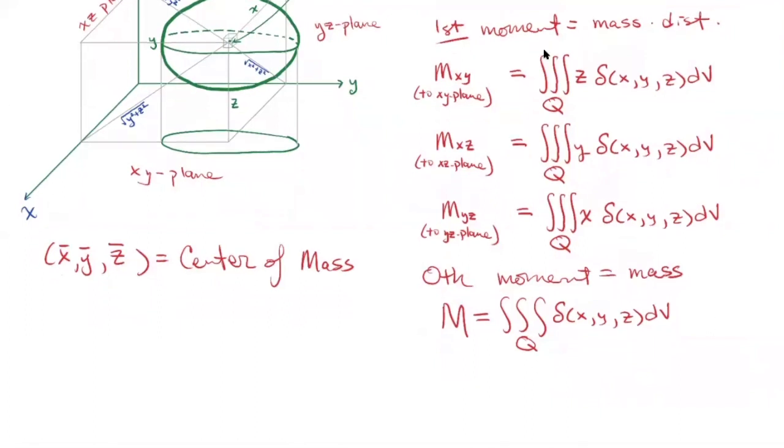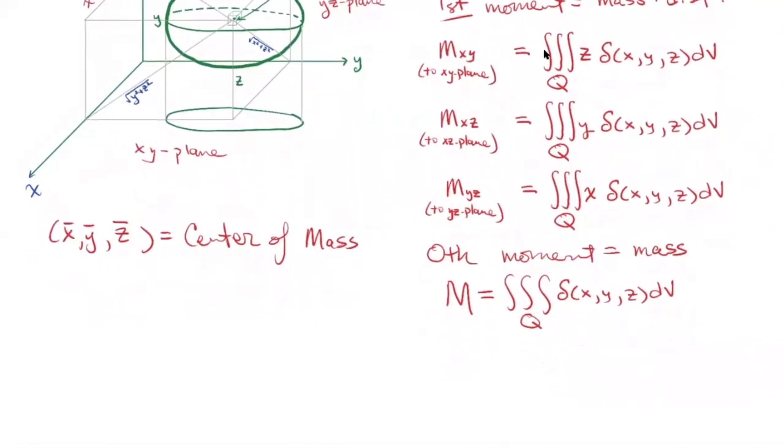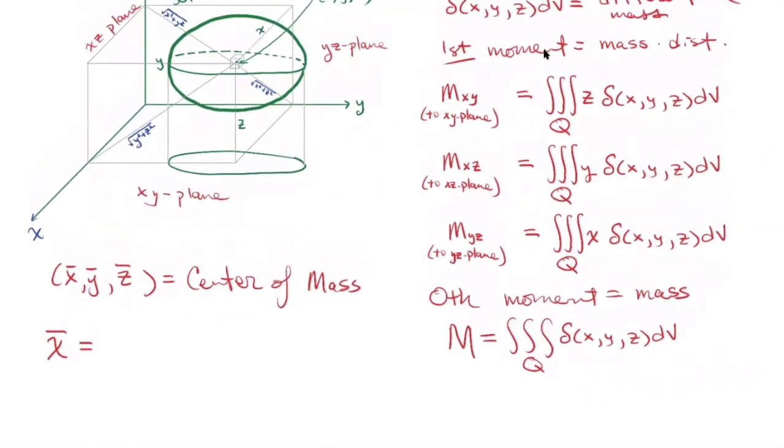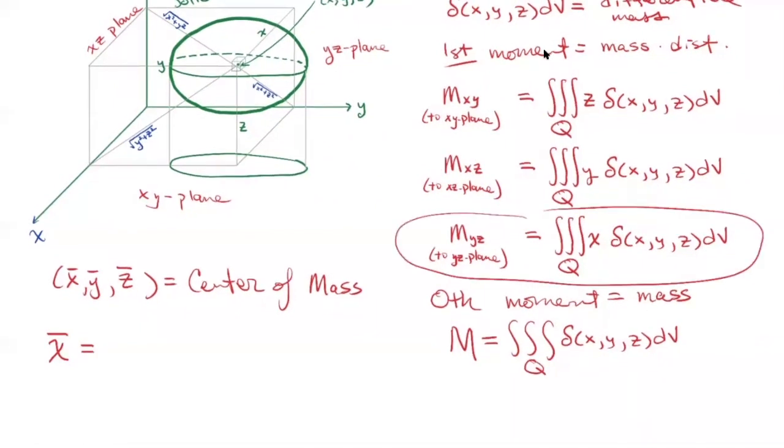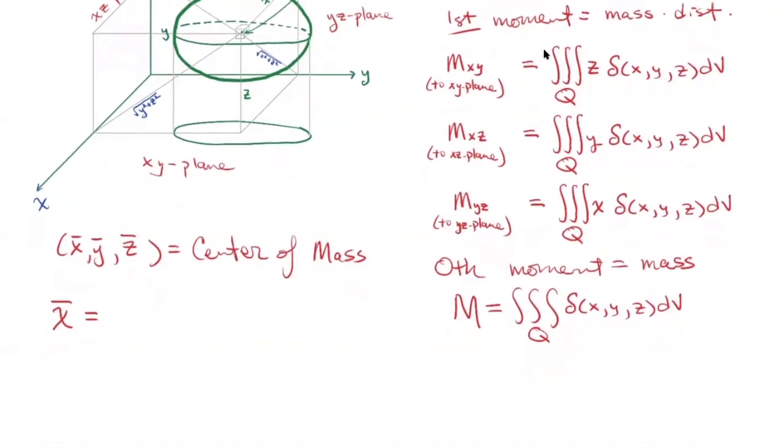Center of mass, x bar, y bar, z bar, and as you know, for center of mass you always take the moment and divide by the total mass. So x bar would be the moment that involves x distances, which is the moment to the yz plane. Remember x bar is sort of an average, so you're averaging the x distances, which is m, y, z over m, which is so frustrating.